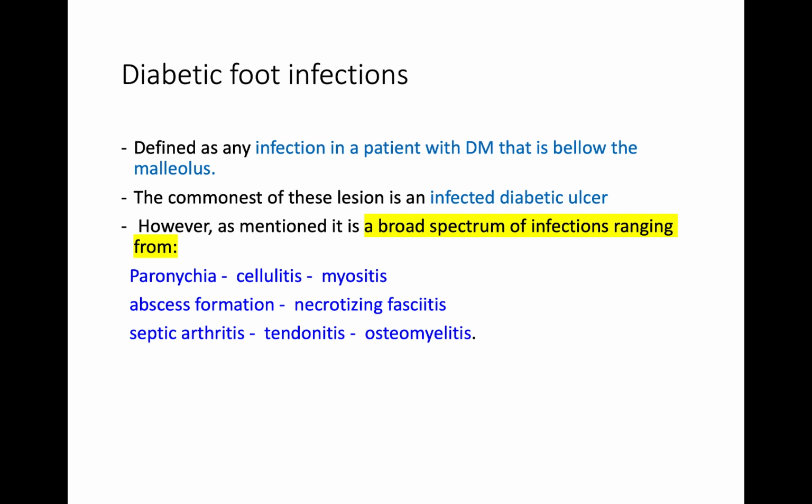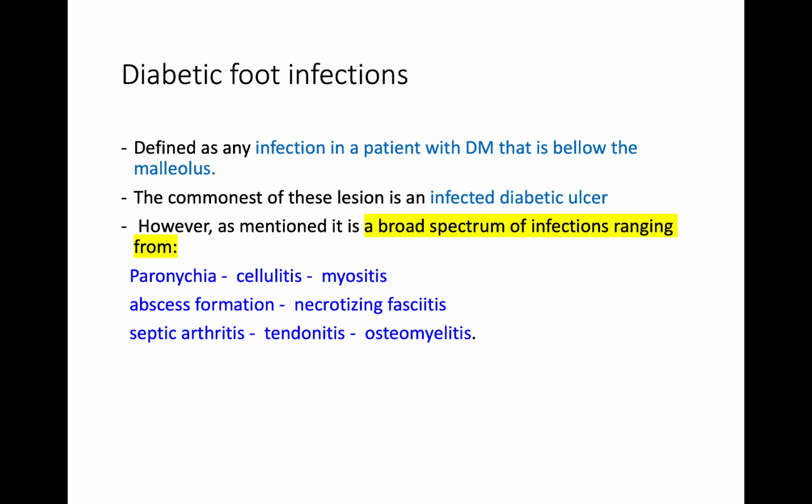What does that mean? It means that many of the things that we will mention in this module, such as microbiology, immunology, infectious causes, all of them will have a representative in diabetic foot.